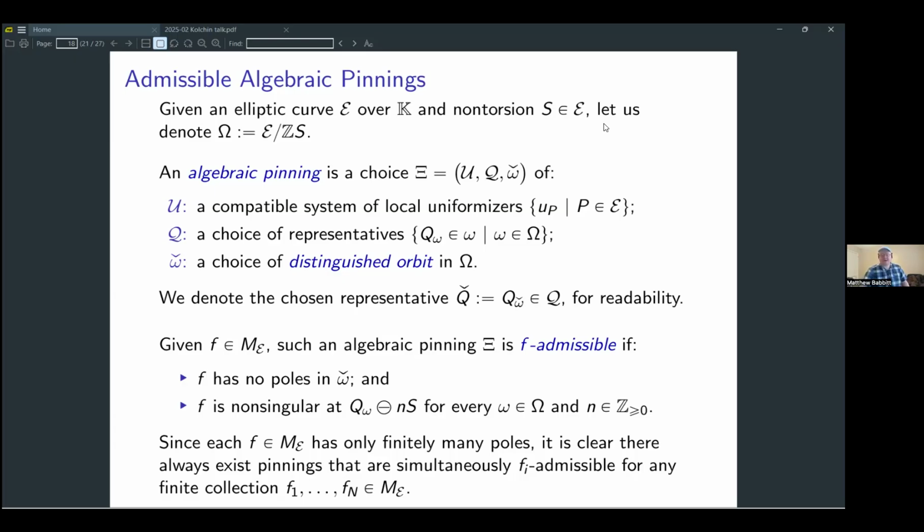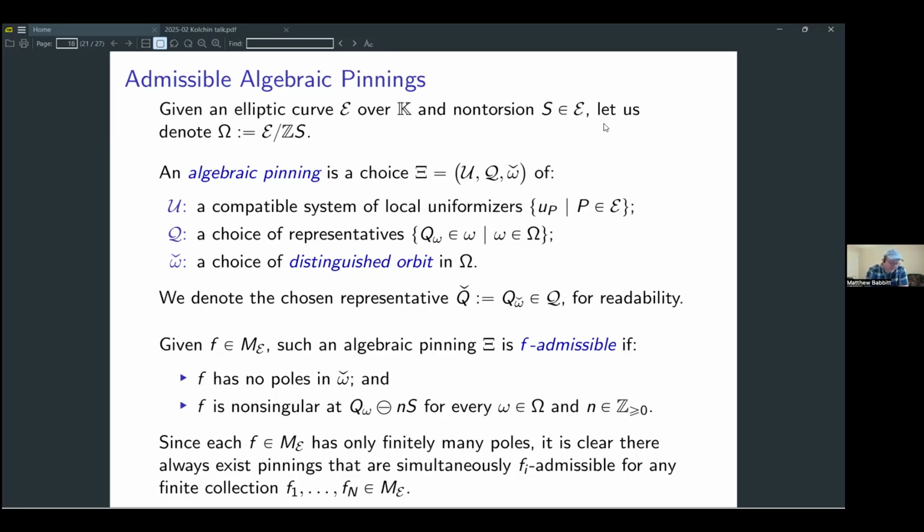Okay. And incidentally, if you want to make an algebraic pinning that is f-admissible for a collection of functions, this is possible because any elliptic function has only finitely many poles. So just aggregate your functions and then find an algebraic pinning that is f-admissible for all of them. We can do that.